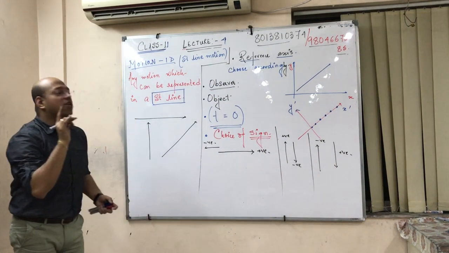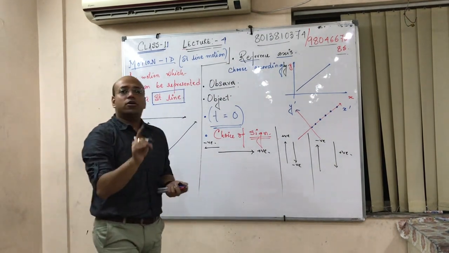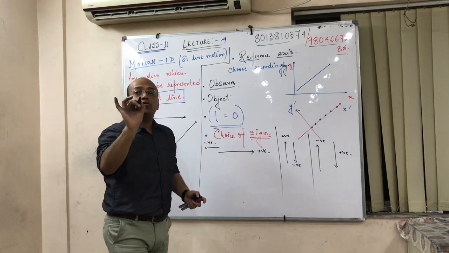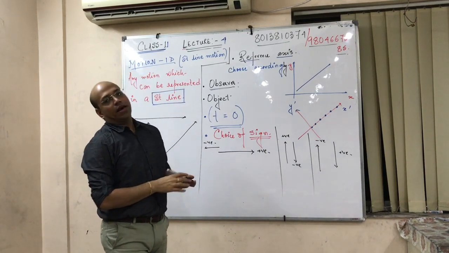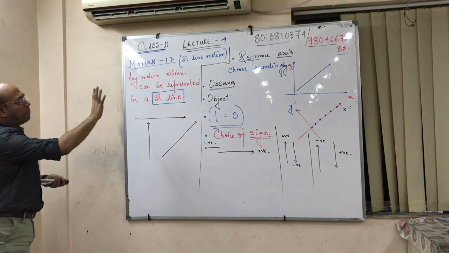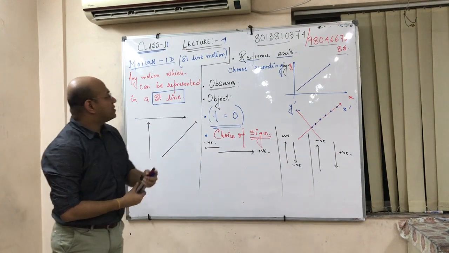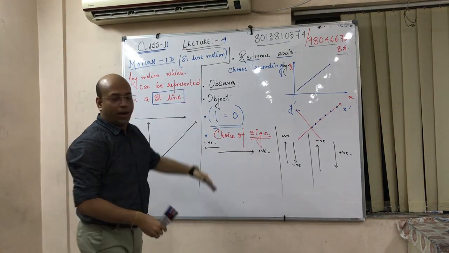See, sign convention is according to the observer. Okay, clear. So this is the basics we have done with motion in 1D. Now we will be presenting each and everything one by one.